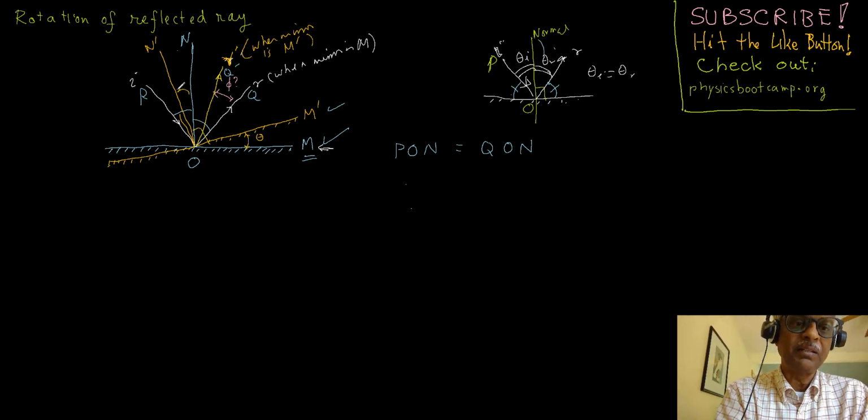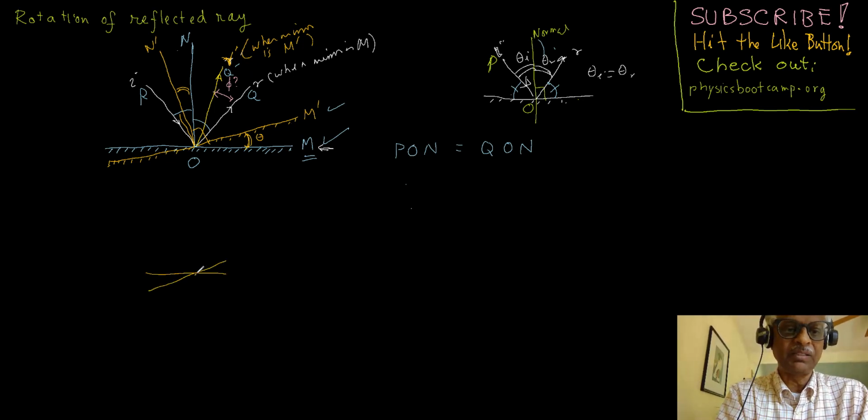This angle should be the same as that angle, because of the angle between these two surfaces and their normals. If this is theta, this angle will be theta.